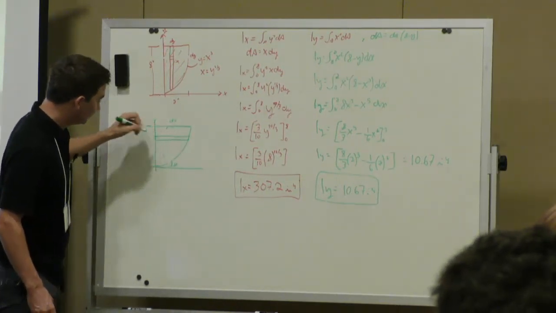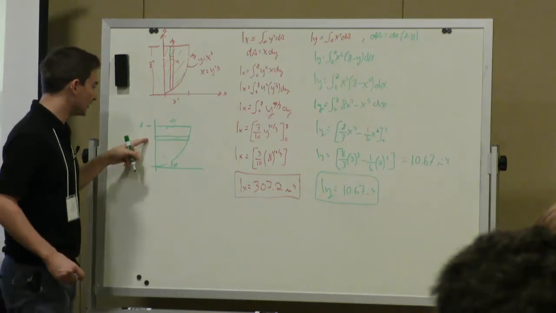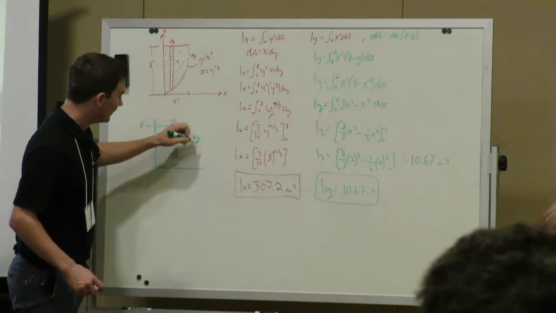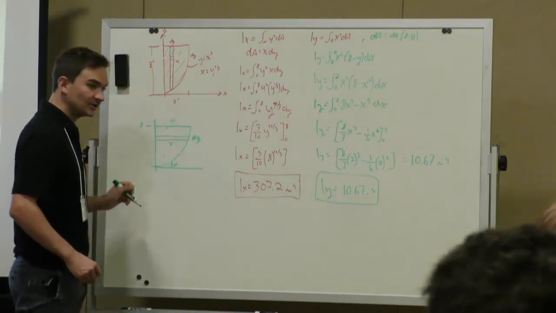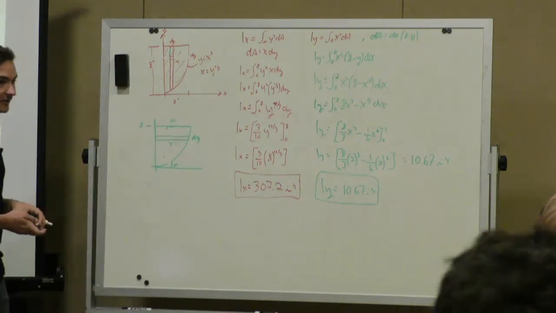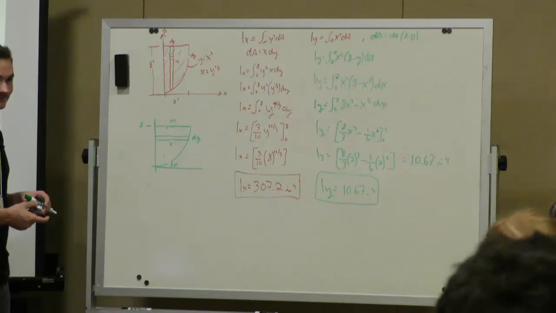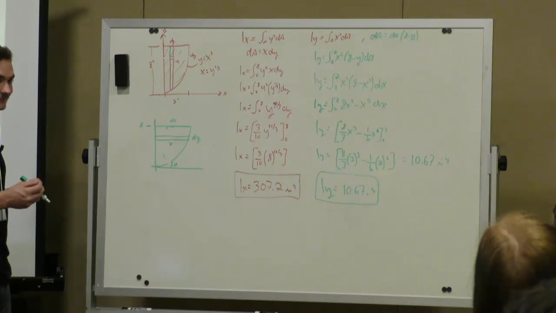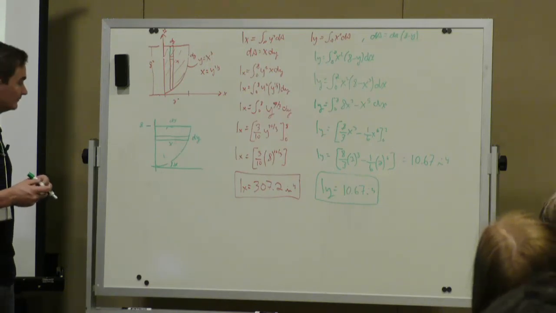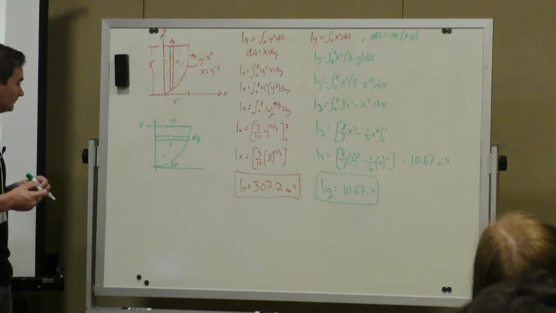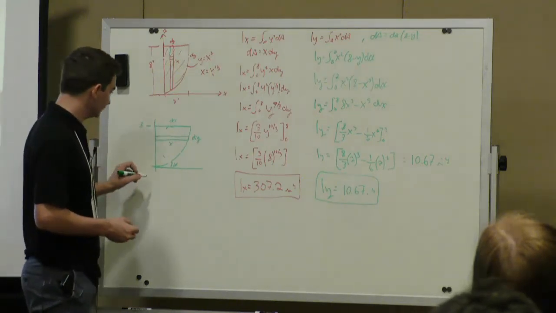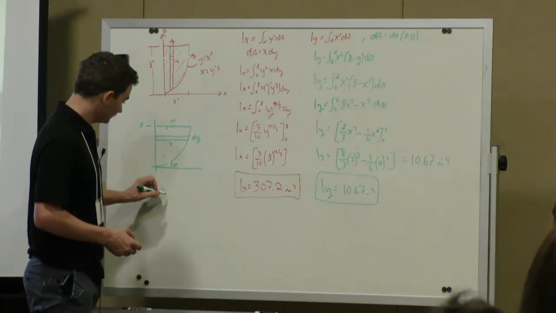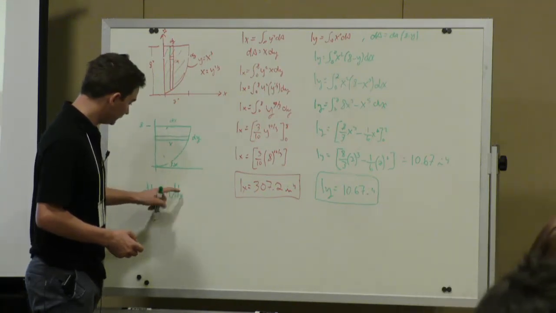So we want the moment of inertia about the y-axis, and we said this area is x dy. What equation would we use? Does anyone know the parallel axis theorem equation for integration? Nope.